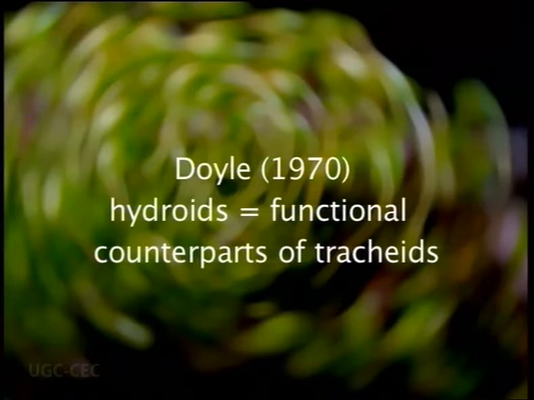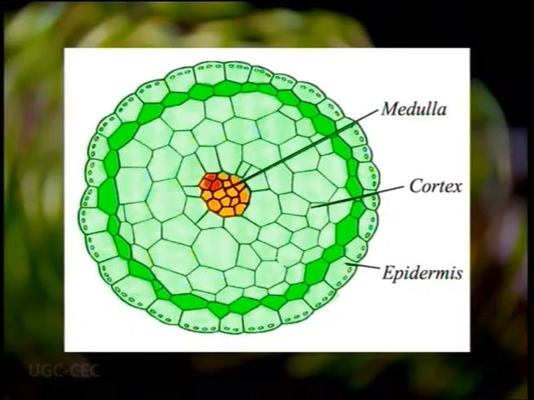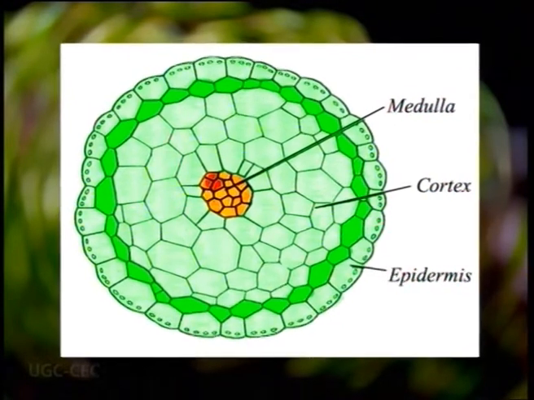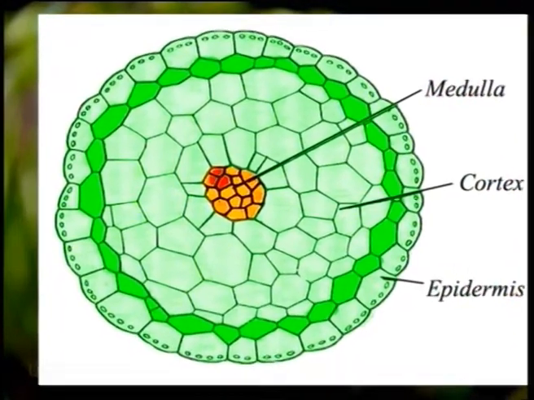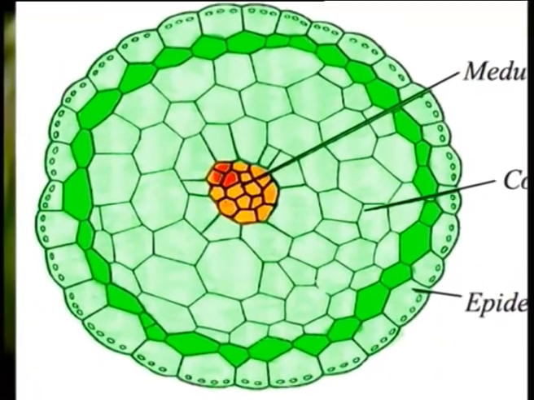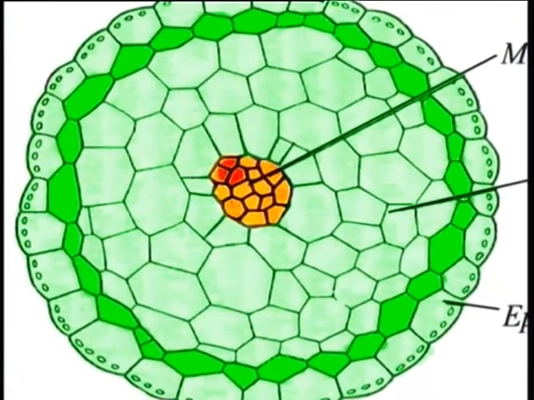Doyle in 1970 considered these thin-walled cells of the conducting strand or hydroids as functional counterparts of tracheids. The cortex is of relatively greater thickness in the young stems. Cortical cells are photosynthetic but lose their chloroplasts as the stem attains maturity.